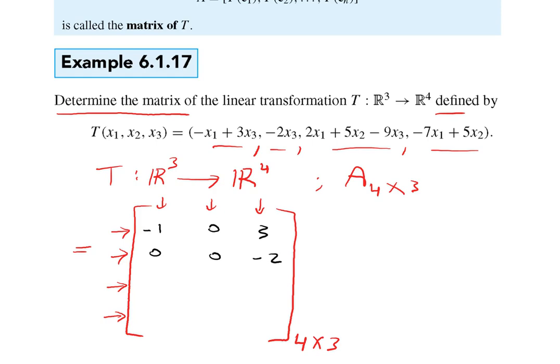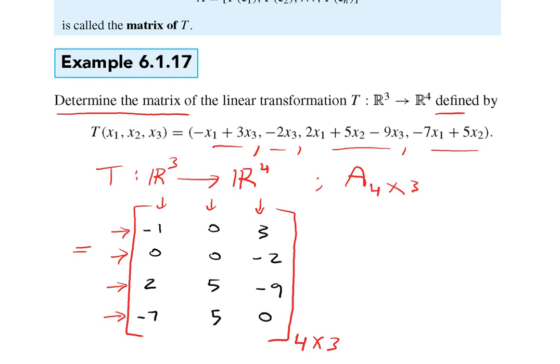Third one, 2, 5, -9. Fourth one, -7, 5, and 0. Now you have it.